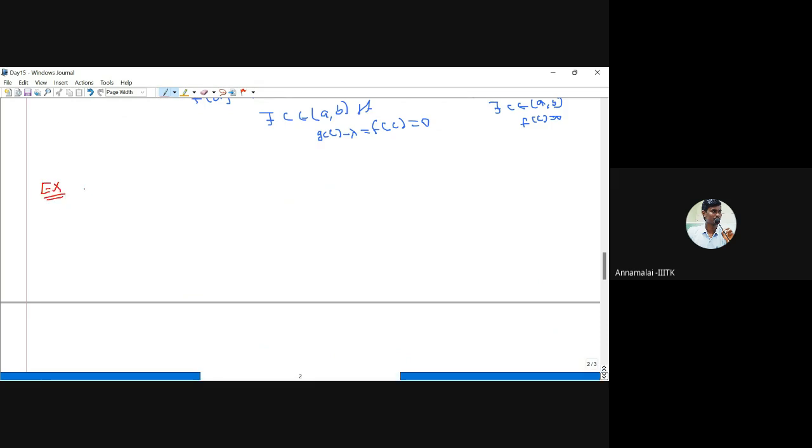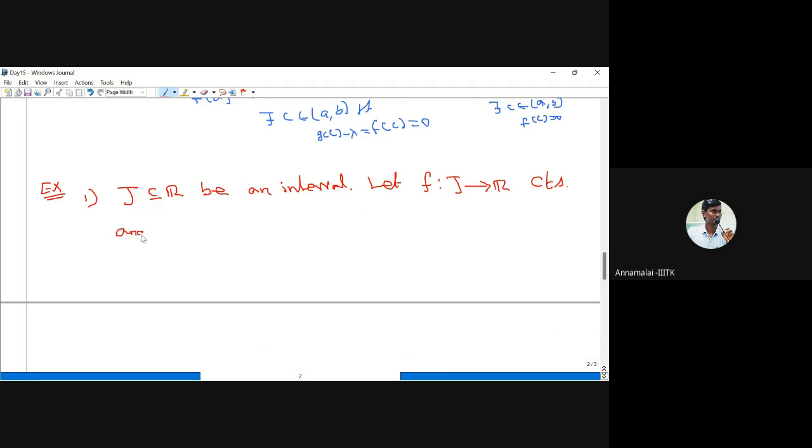Exercise 1. Suppose we have an interval J. J is a subset of R, an interval. Maybe it's a closed interval or anything, but an interval. And let f from J to R be a continuous function. What is the condition?